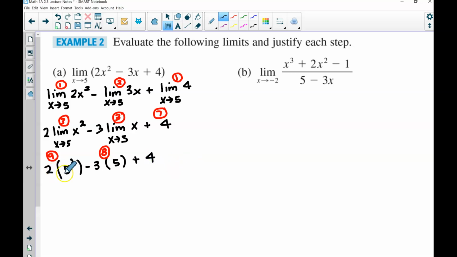So we have 2 times 5 squared, which is 25, which gives you 50, minus 15, plus 4. Okay, so that gives you an answer of 39.